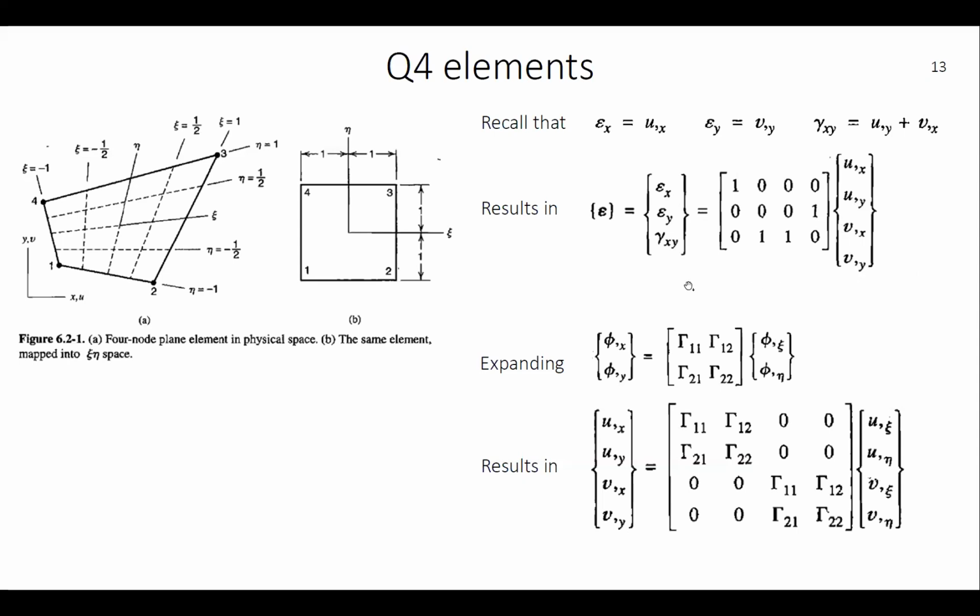And if you use the previous expression for the inverse of the Jacobian, the 2x2 gamma matrix, we can expand this in terms of the coordinates u and v, which are derivatives of x and y, which we will be using for the strains here. So the expanded format of this one will look like this 4x4 matrix times the vector of the displacement in the local coordinate system.